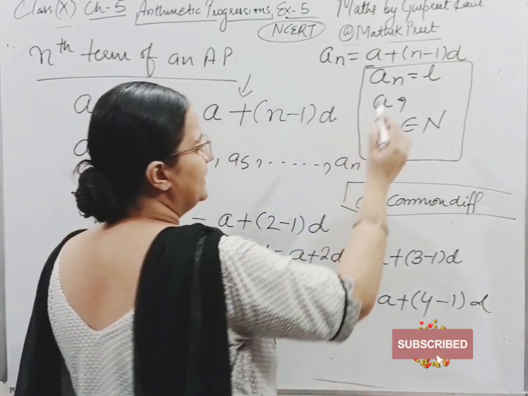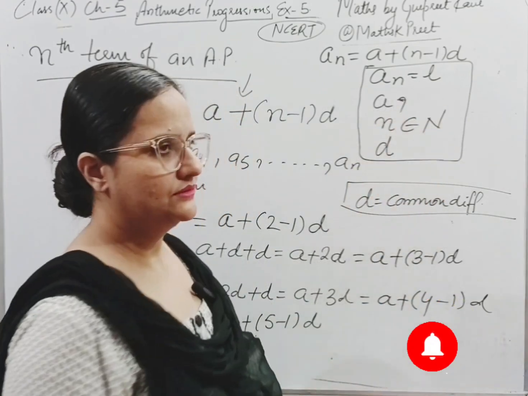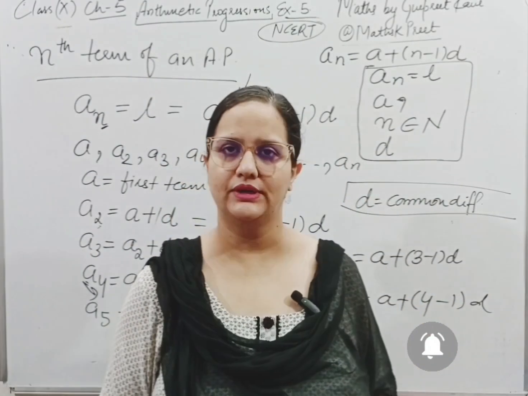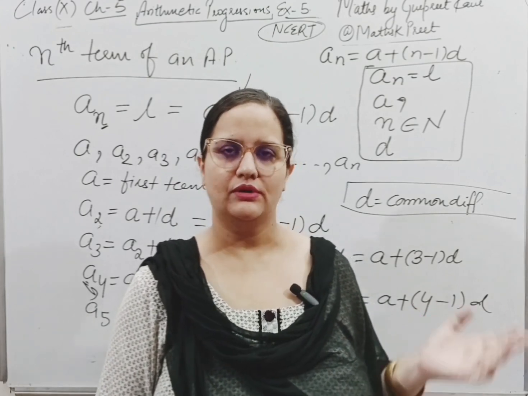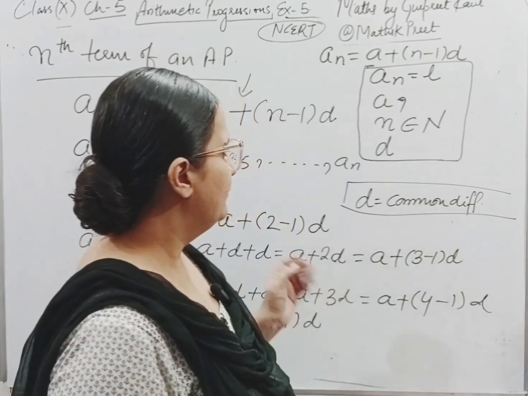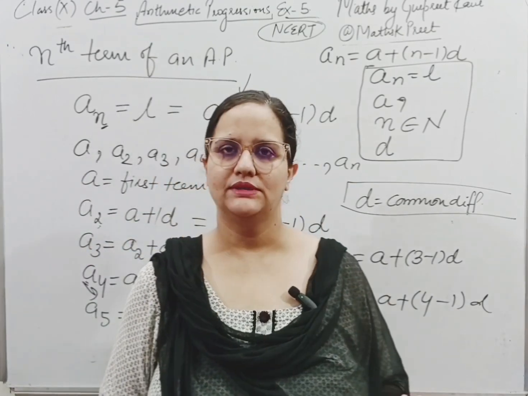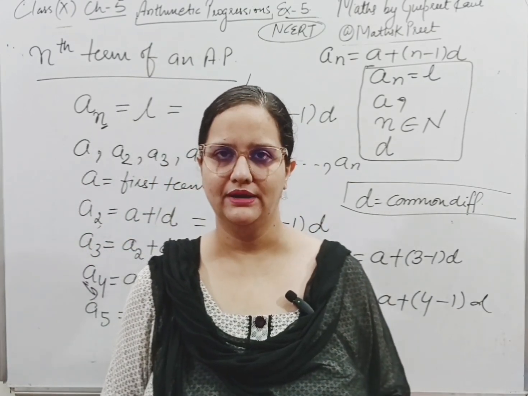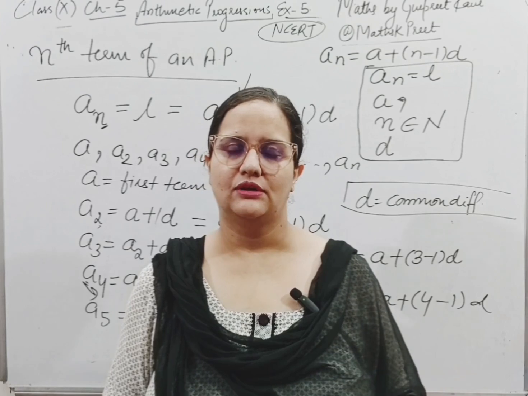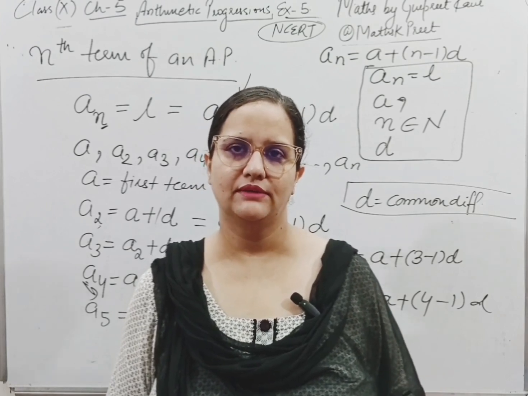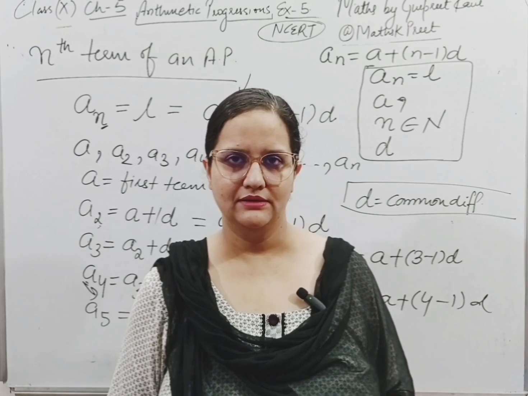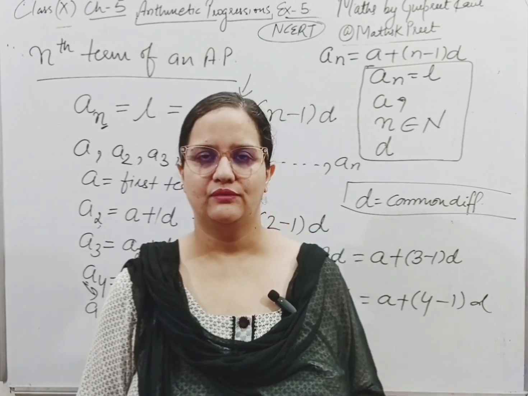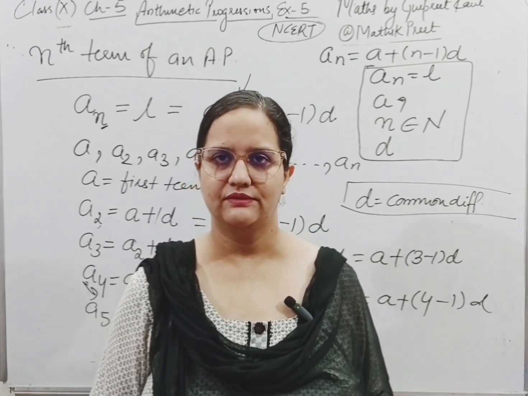If we are given any three of these four values, we can calculate the fourth value. If we are given two values, then we will generate two equations in A and D, and after solving these equations, we will get the values of A and D. Then we can proceed with the solution of that question. So these were the two types of questions we will mainly see in exercise 5.2.